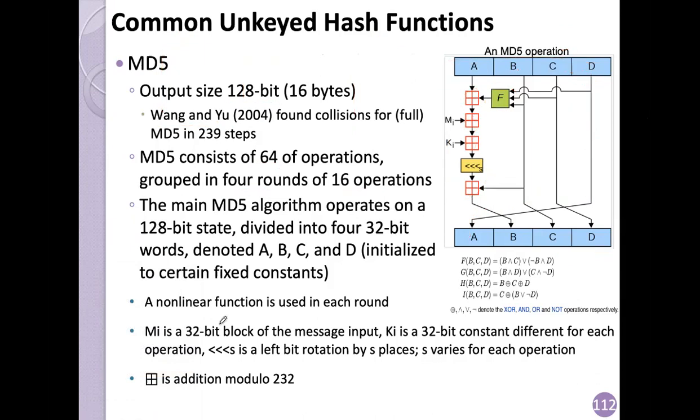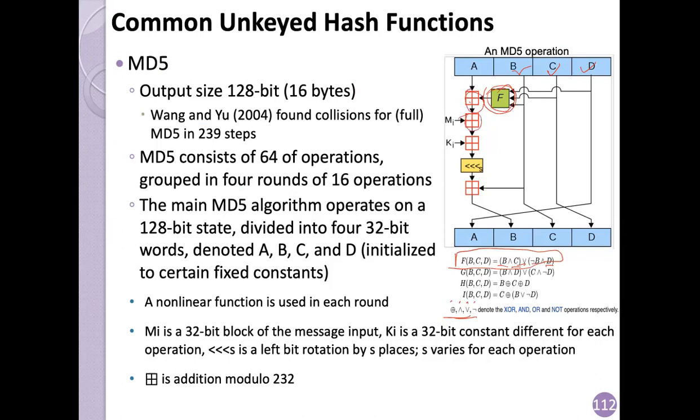You get B, C, and D, and send them to a function f, which here for example is (B and C) or (not B and D). This is a logical function, made of bitwise operations: XOR, and, or, and not. It takes a nonlinear function, generates something out of B, C, D, and adds it to A. This operator is add.